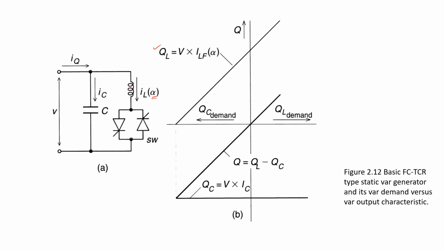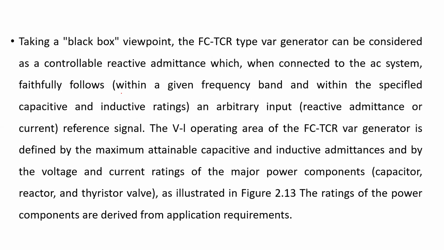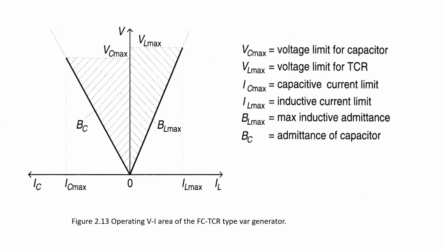So let us assume that the inductive VAR is greater than the capacitive VAR. So if the thyristor is conducted at alpha equal to 0, meaning it is simply switched on, there is an absorption. So it can be explained with the help of the VI characteristic.